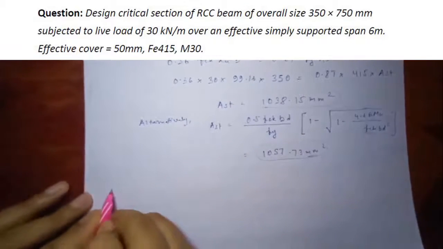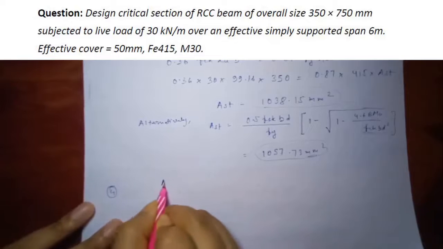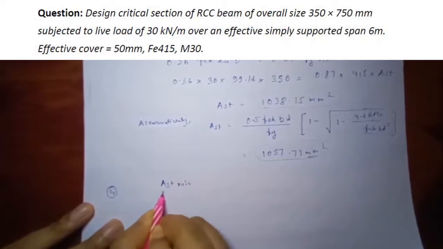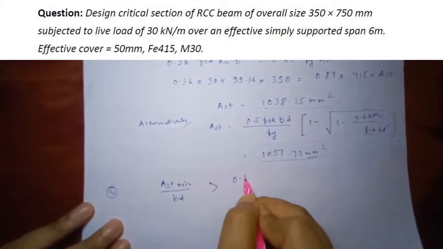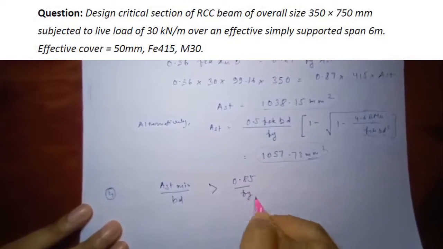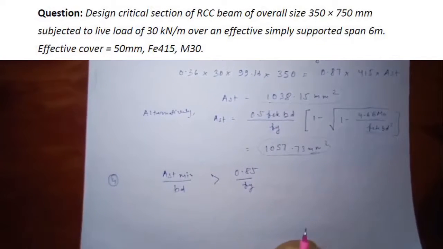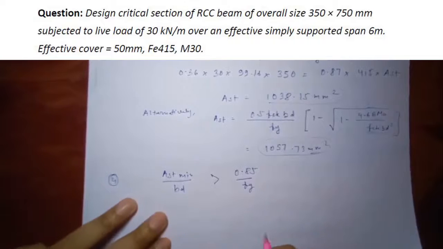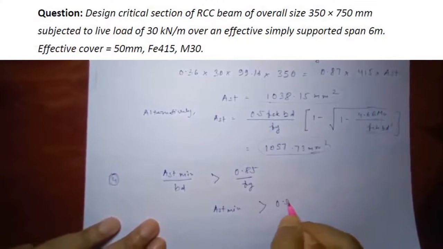And for step 4, I have to calculate the permissible limits. The permissible limits can be calculated by AST minimum BD should be greater than 0.85 upon Fy. So now by this, AST minimum should be greater than 0.85.